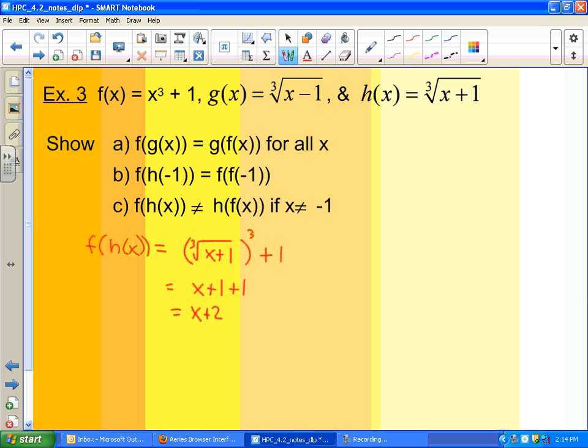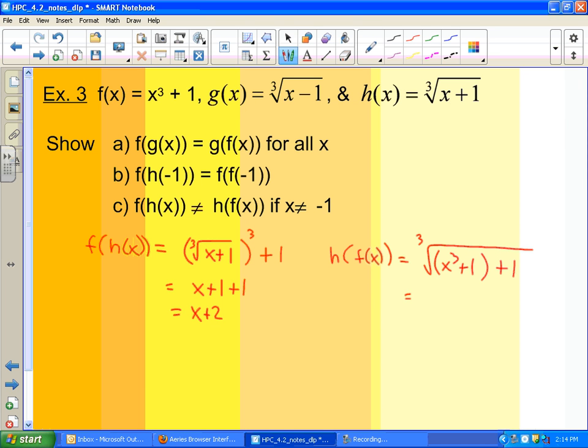Cool. So find the other composite function, h of f of x. What does that equal? Now we're going to plug f into h. So within the cube root, we're going to plug the f of x, which is x cubed plus 1, and we still have x there.